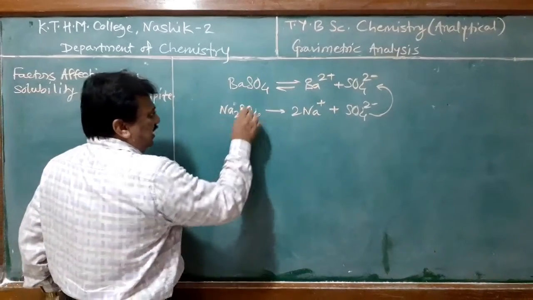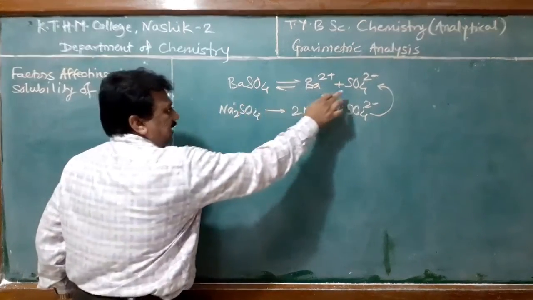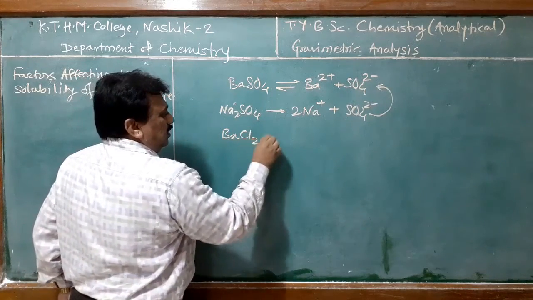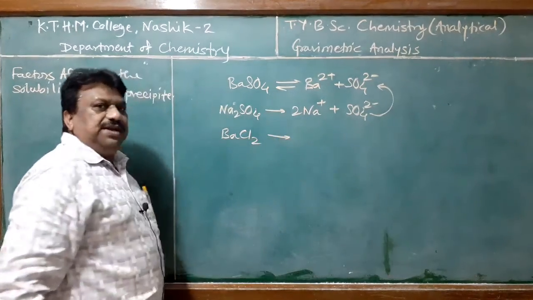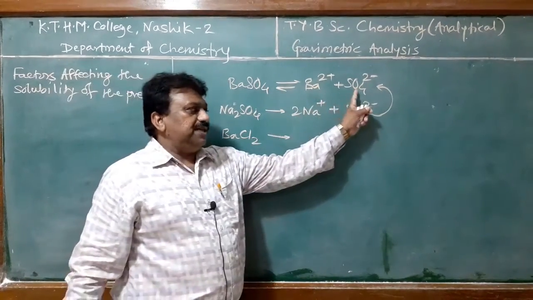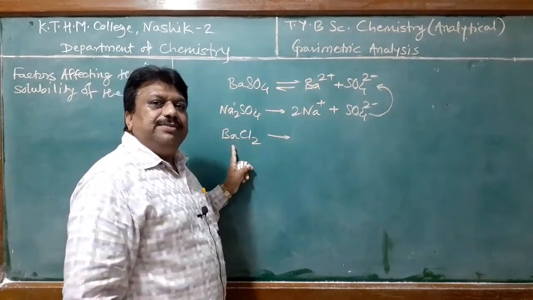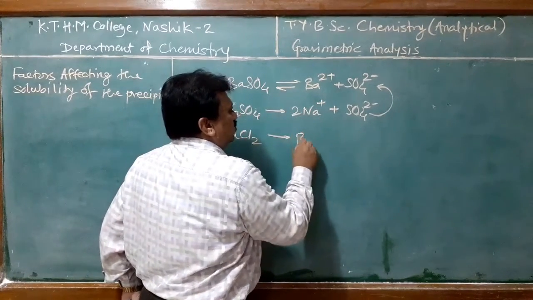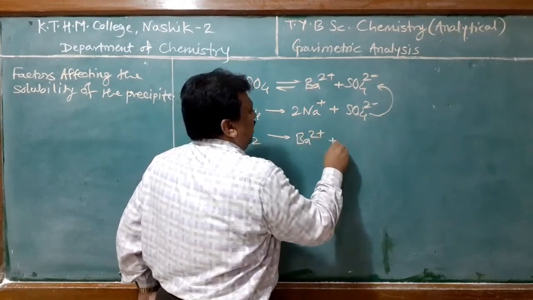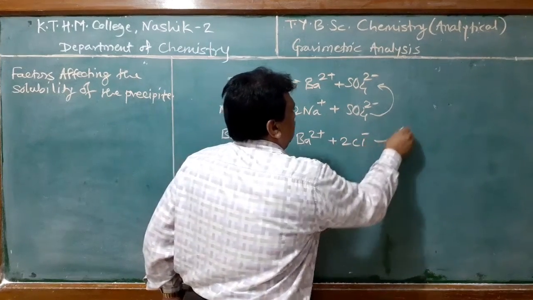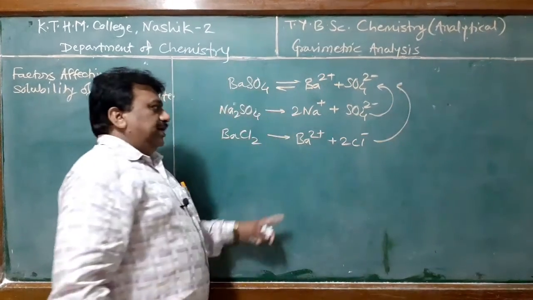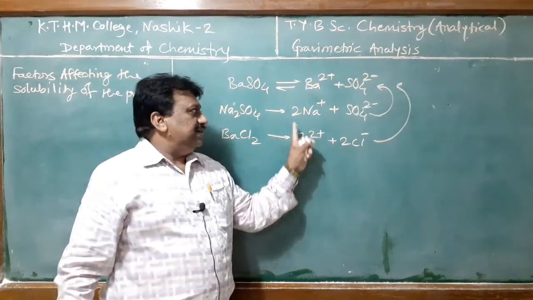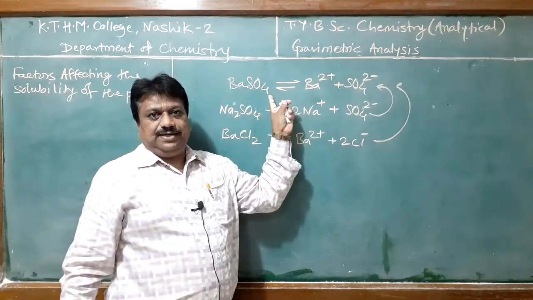Similarly, if sulfate is an analyte and we have to quantitatively precipitate sulfate, then barium chloride may be used as a reagent. Barium chloride, a strong electrolyte, gives barium ion and two chloride ions. Here, the reagent also gives the common ion effect in decreasing the solubility of the precipitate.